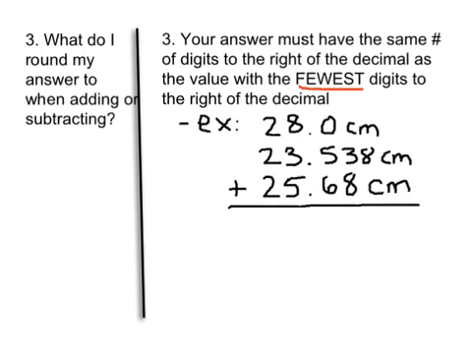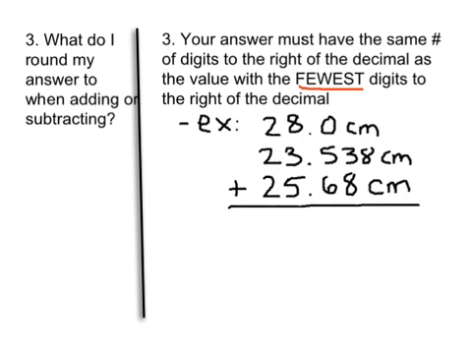Okay, so let's say that 3 different groups were given a shoestring to measure out. One group got 28.0 centimeters. Another group was working with a more precise ruler instrument and got 23.538 centimeters. And the third group got 25.68 centimeters.